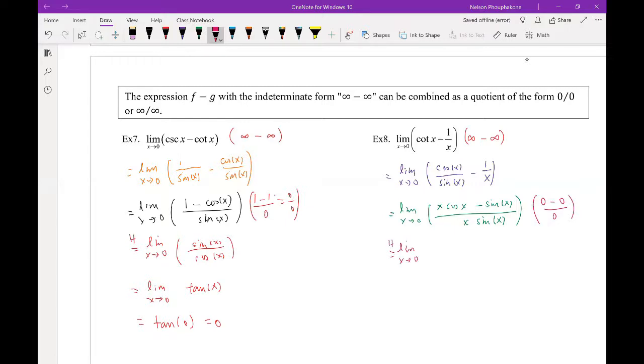And then this, remember, is a product. So I need to work with the product rule. So I have to take the derivative of x cosine of x, plus the derivative of cosine of x times x, minus the derivative of sine of x. Same thing here: the derivative of x times sine of x plus the derivative of sine of x times x.